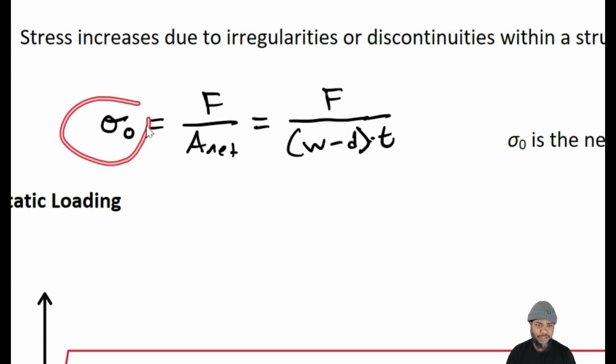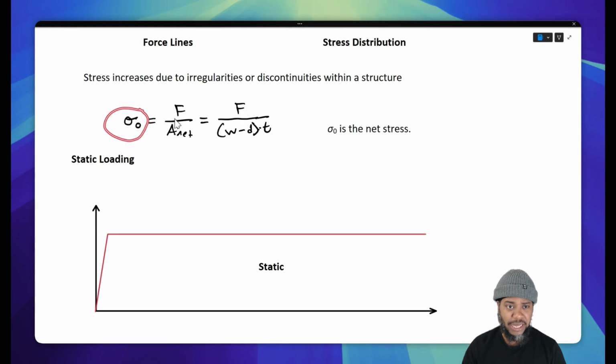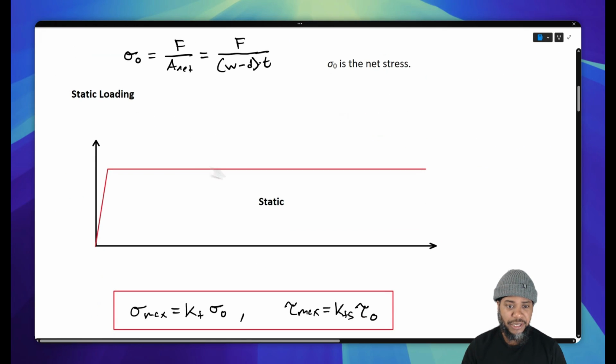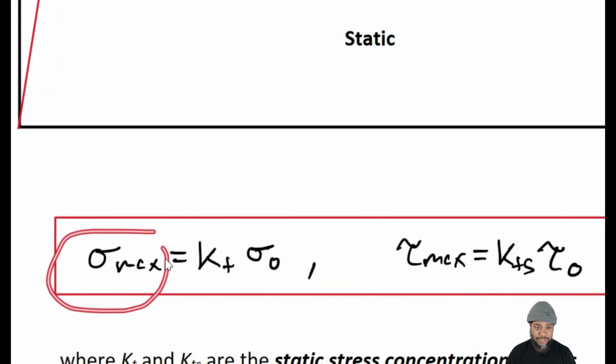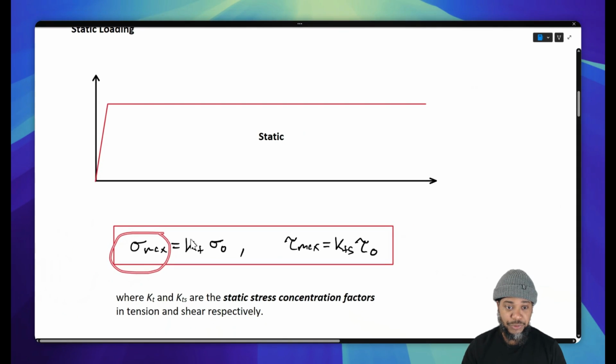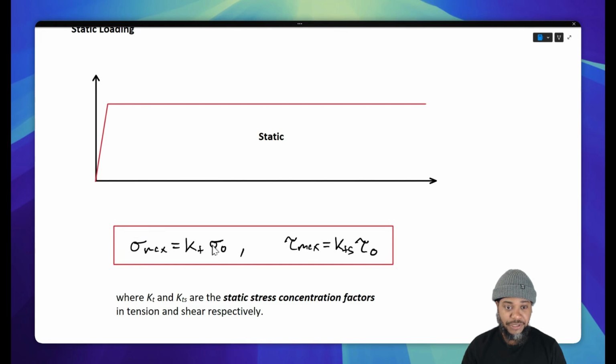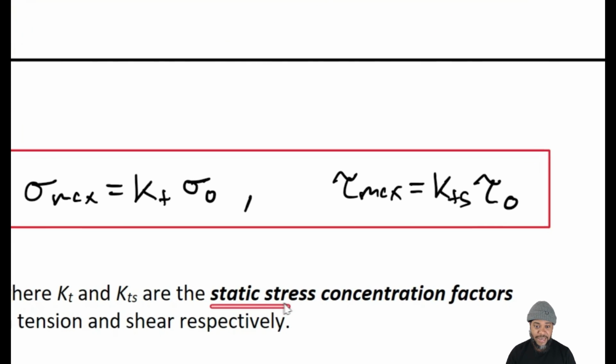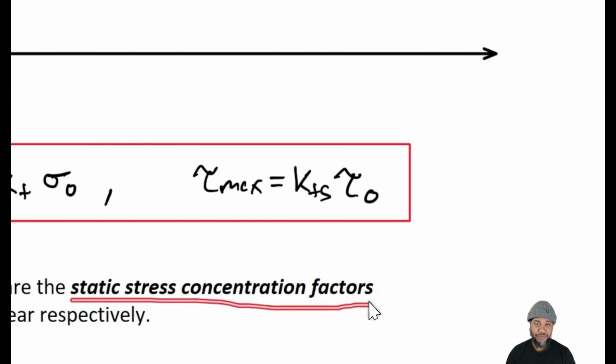The nominal stress is simply calculated as the force applied over the net area. We're under a static loading condition, and the maximum stress at the hole is equal to kT times sigma naught, where kT is the static stress concentration factor.